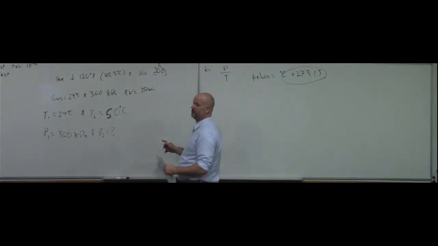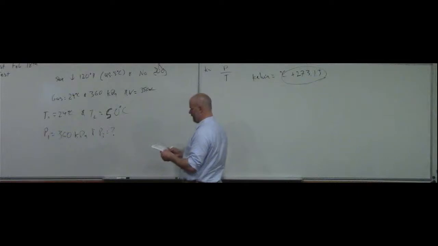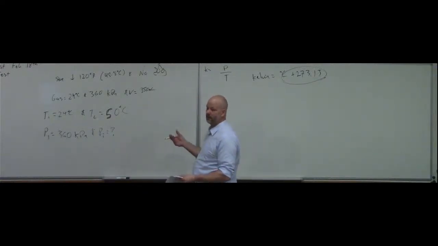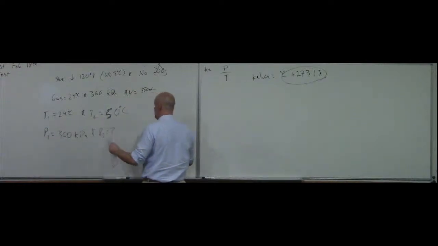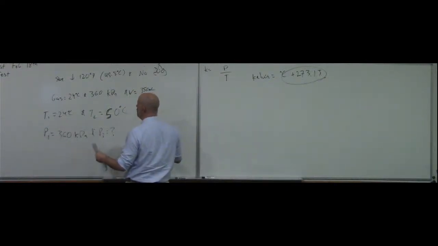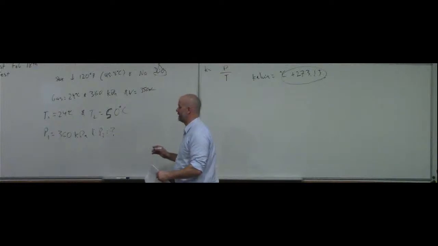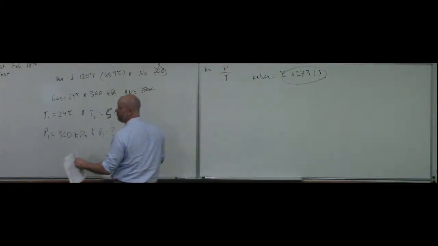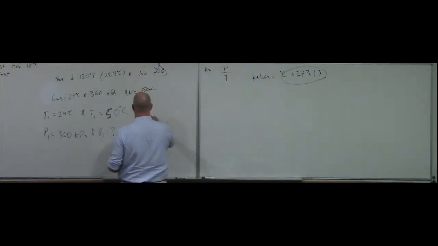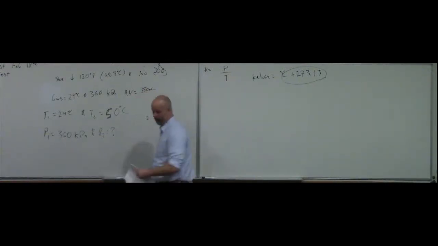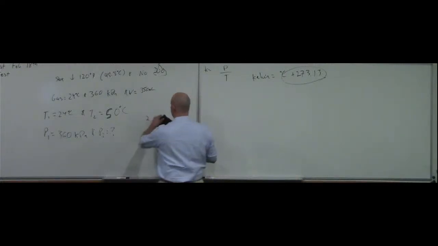The volume is going to hold constant. It's extraneous information for this; for a different type of problem, it would matter. But for this one, it does not, because it doesn't change. We don't need to deal with it. So the way you set up a problem like this is you go T1 over P1 equals T2 over P2. Let me write that out first, so that we understand the basic formula, right?